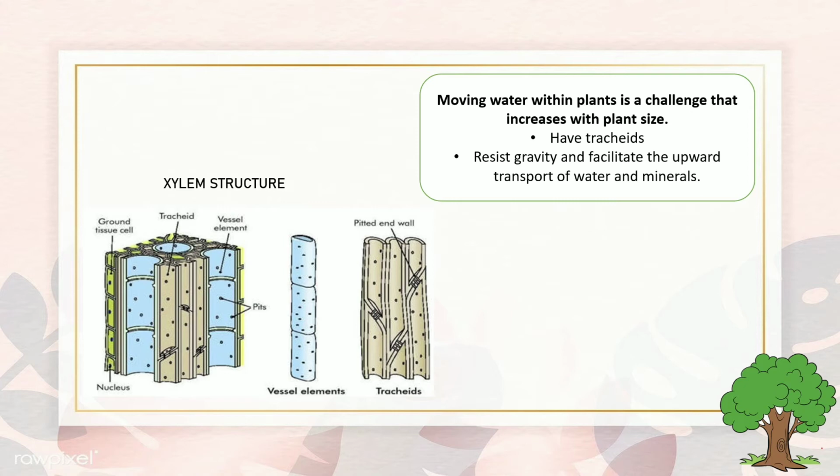As we already know, plants have xylem tissue, which transports water and minerals from roots to leaves, and in xylem there are tracheids. This picture shows the xylem structure, which has tracheids and vessel elements. The tracheids and vessel elements support the transport of water and minerals from root to leaf.